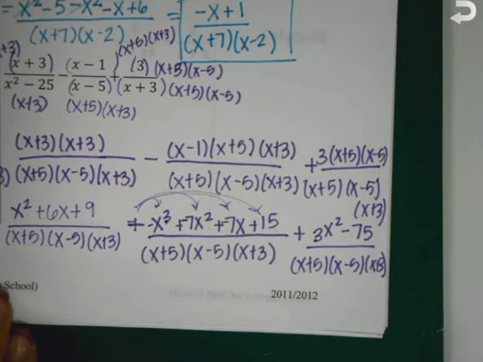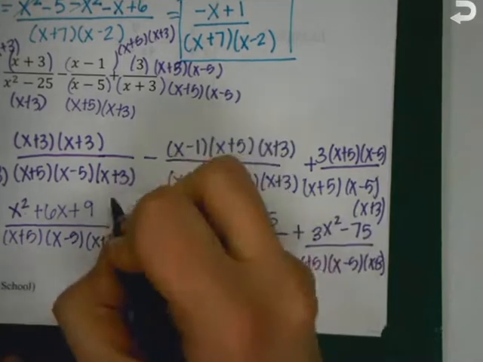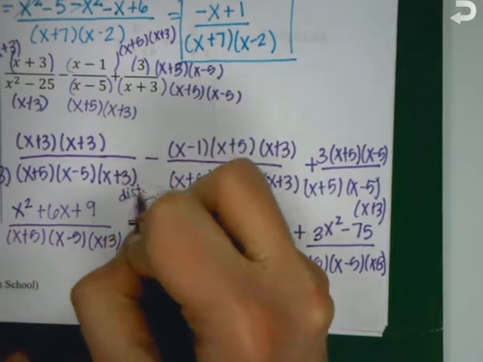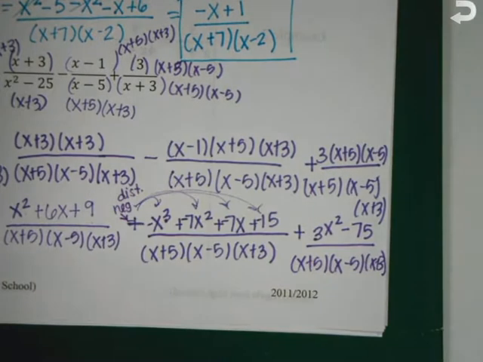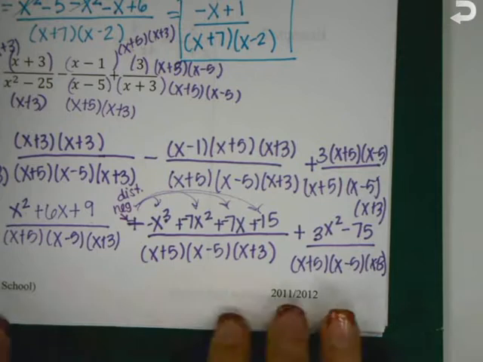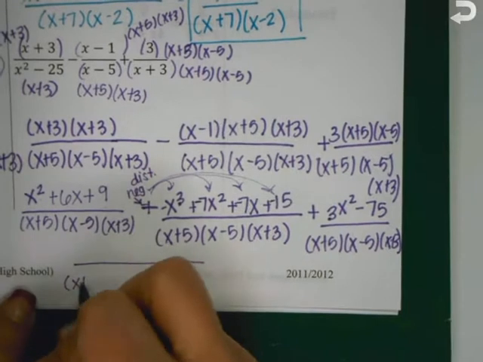Okay. So let me write a note. We'll distribute negative. And now we can put it all over the common denominator, which is (x + 5)(x - 5)(x + 3).